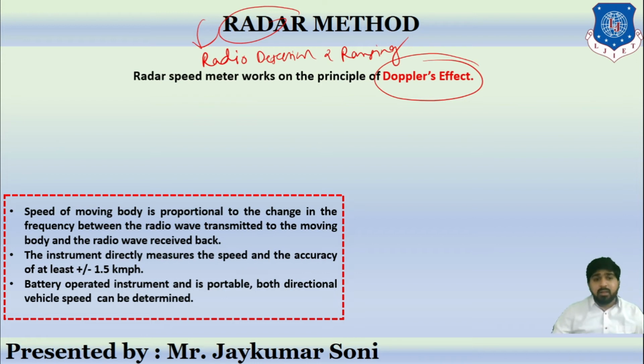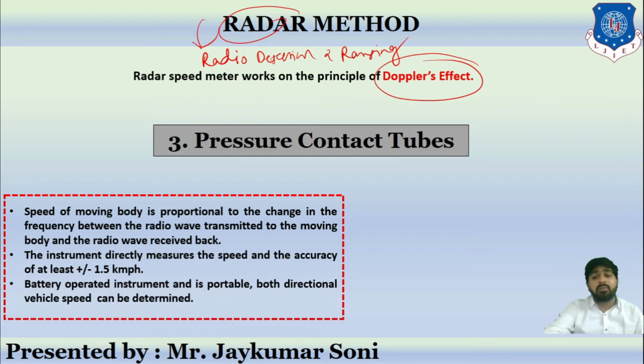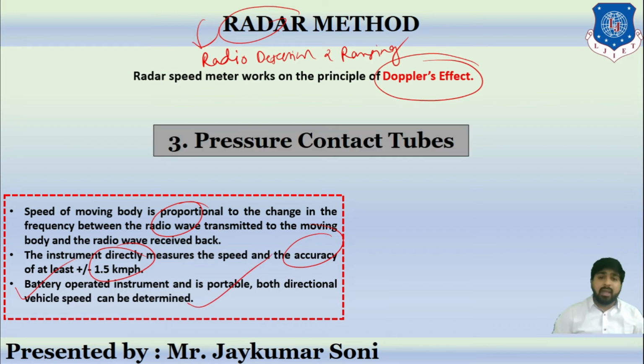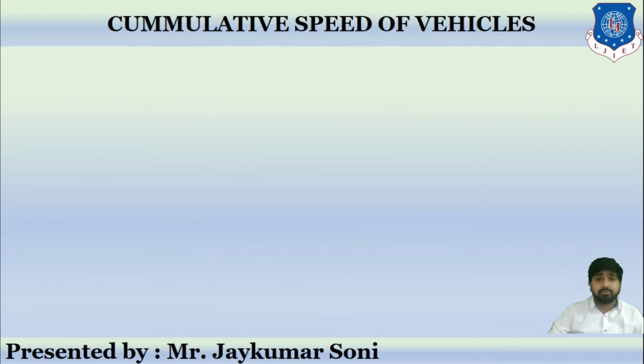In this, the speed of the moving body is proportional to the change in the frequency of the radio wave which is transmitted to the moving body. It can have an accuracy of plus or minus 1.5 kmph. It can be a battery operated instrument. It can be portable also, and both directional movement can be determined. Then comes the pressure contact tube, that is also one of the methods.